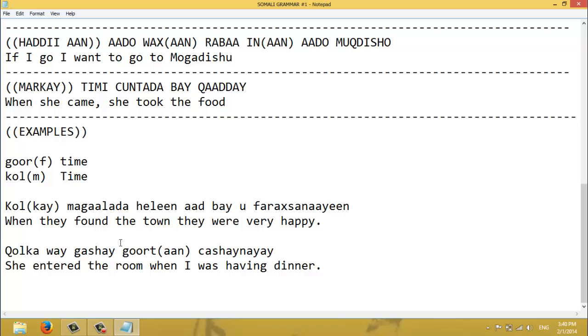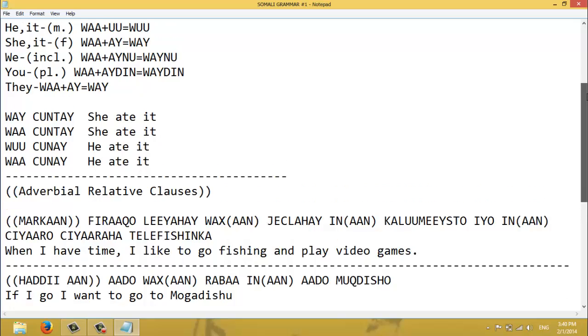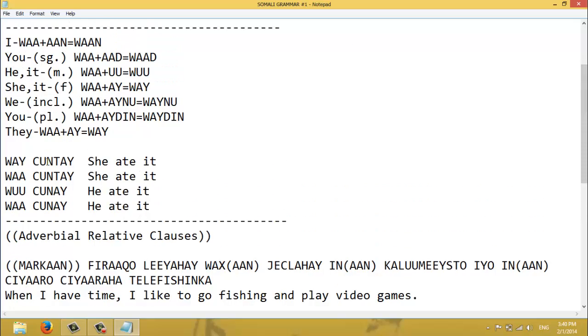Now let's look at this for a minute. Remember, before I told you about the wa. Let me go back up to this chart. Remember I told you when we use the pronouns, there are two different ways, like way unte, she ate it, wa unte, she ate it.